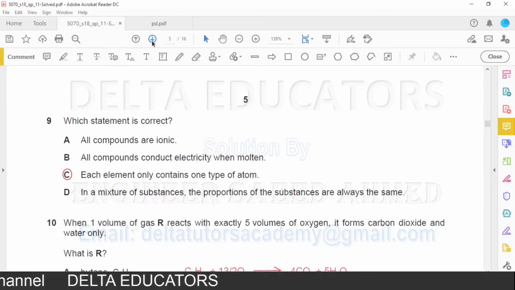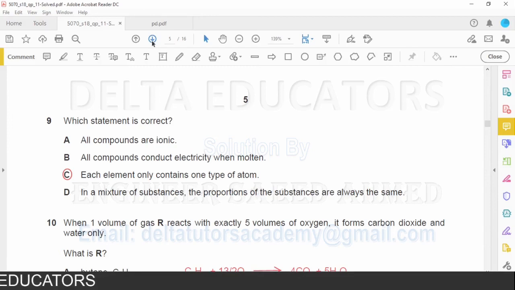Question number 9. Which statement is correct? Option A, all compounds are ionic. No, we have studied that we have ionic compounds as well as covalent compounds. So this option is incorrect. Option B, all compounds conduct electricity when molten. No, only ionic compounds conduct electricity in the molten state. Option C, each element only contains one type of atom.